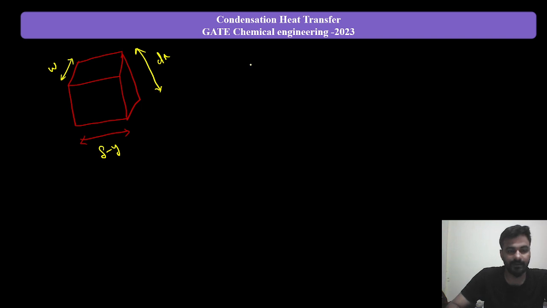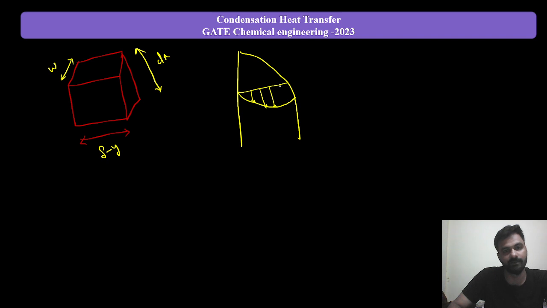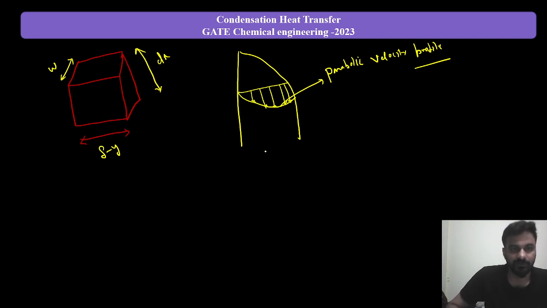Since the velocity profile of the condensate layer is like that, it was a parabolic velocity profile, and you can see that from the mathematical expression of the velocity in the previous slide, right? So you'll have to calculate the mass flow rate.